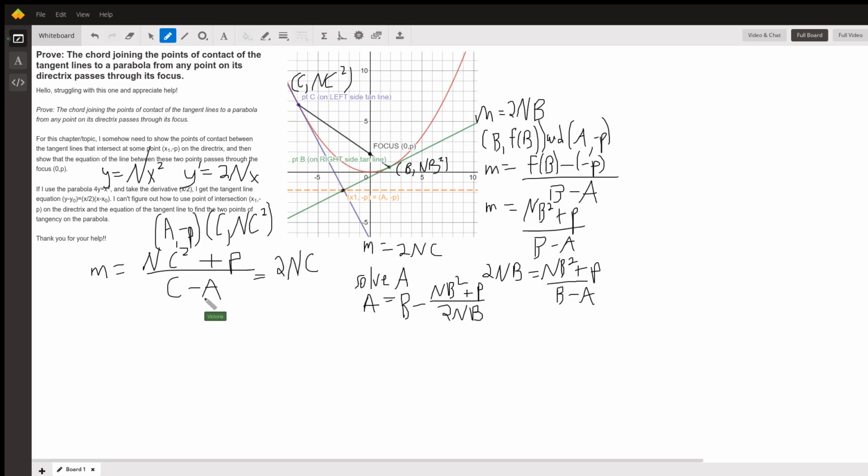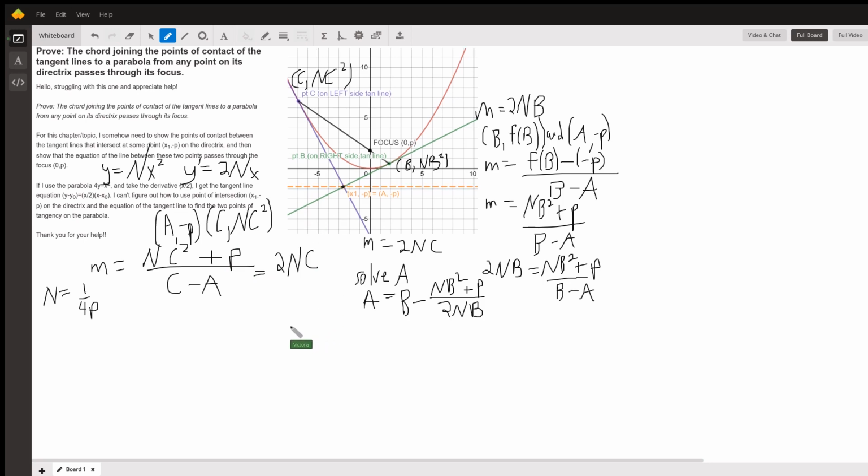Now, the whole rest of this hinges on solving one of these equations for either p or a or c or n. And in the end, let's remember that n is 1 over 4p. And so we can put it all back in p's if we really want to.